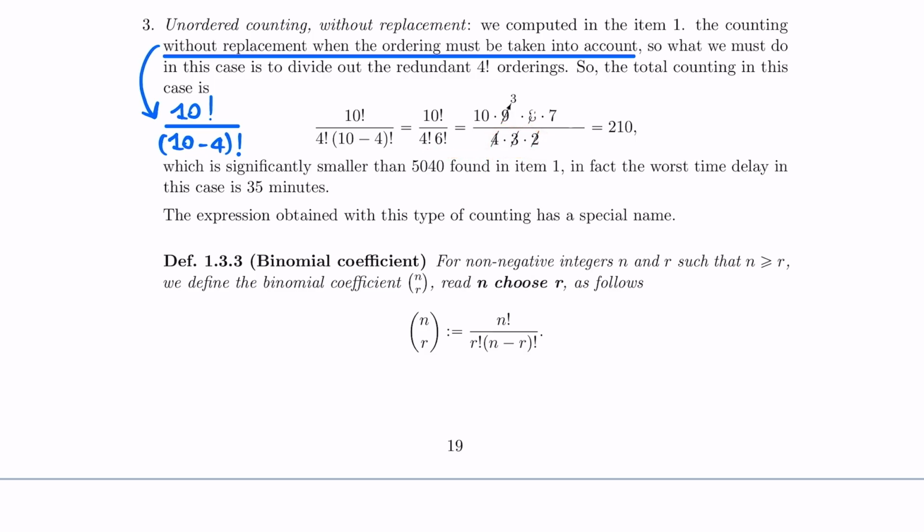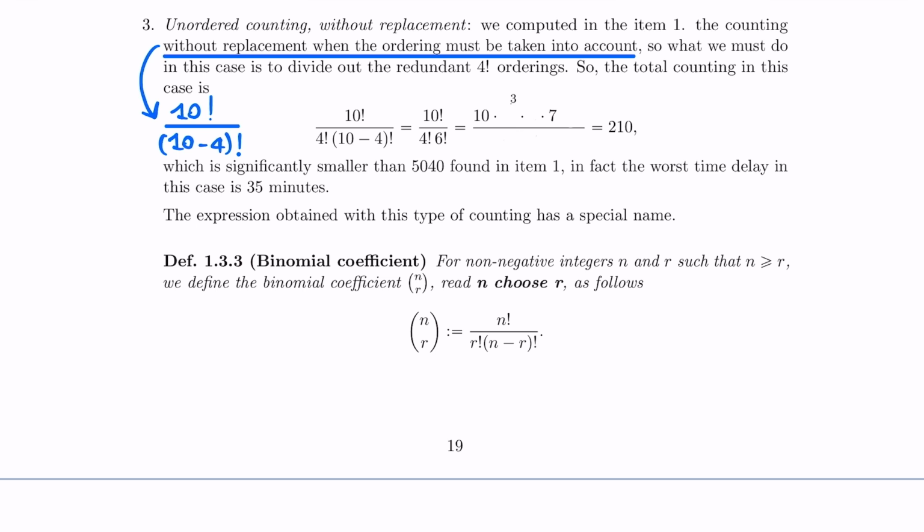And then we can cancel out 8 with 4 times 2. Finally, we can cancel 9 with 3, removing completely the denominator and remaining with 3 at the numerator. To conclude, we have 7 times 3, which is 21, multiplied by 10, 210. Using this strategy, you can easily compute factorial fractions by hand.